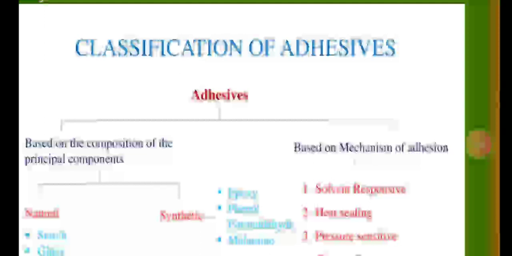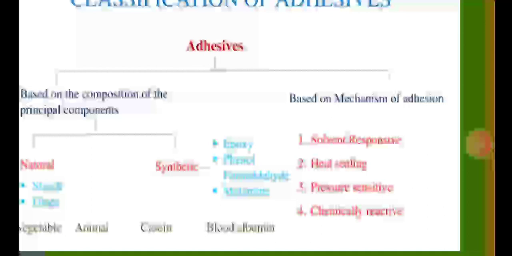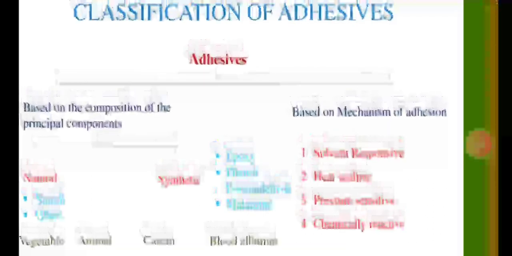They provide chemical resistance, water resistance, and strength, and they are light in weight. They can be used for surfaces which usually lie underwater or need to be chemically protected. So this is all about the uses of synthetic adhesives.